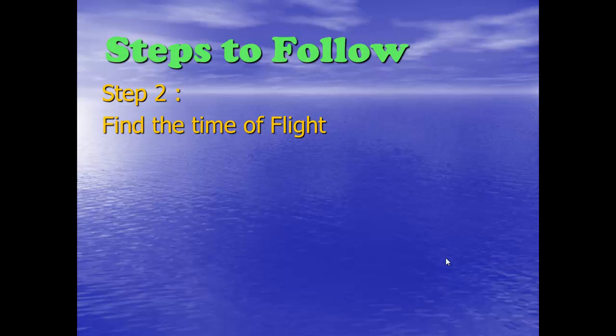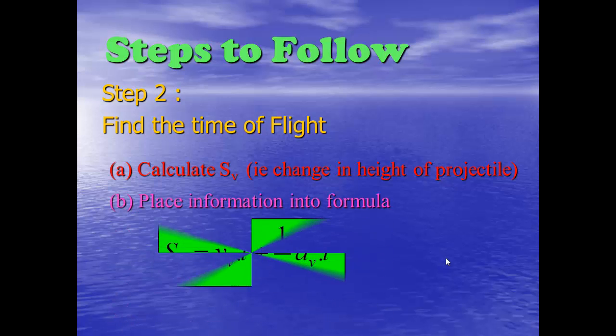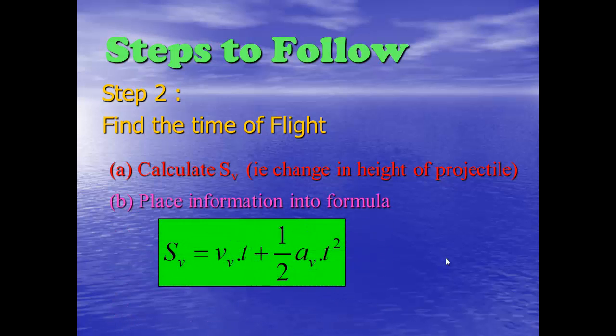Step 2, we normally have to then try and find the time of flight. We do that by using the SV formula. All we do is change the actual height. If it's going upwards, then SV will be positive. If it's not changing its actual height, so let's say it's been launched and goes back to the same launch height, then we'd make SV equal to 0.